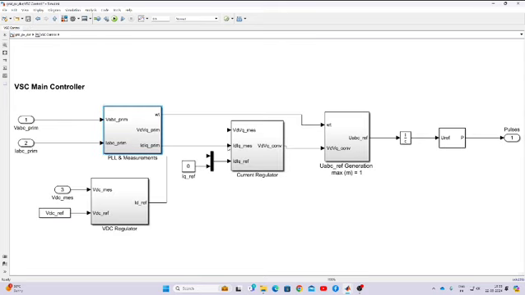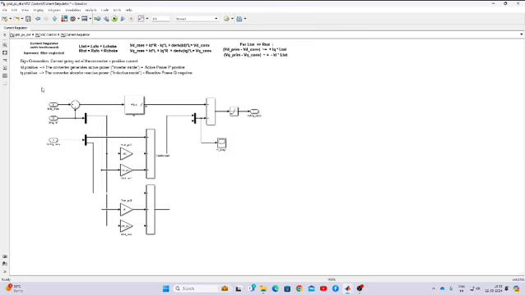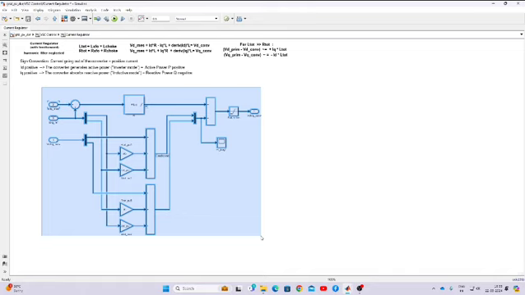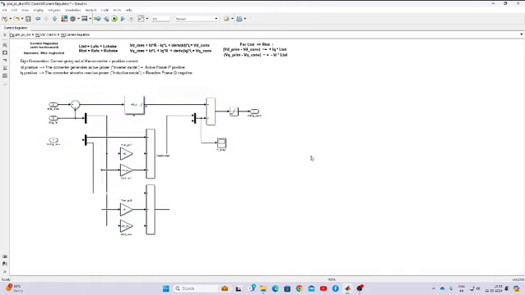After converting VABC and IABC to VDQ and IDQ, based upon this ID reference you have to apply the feed forward control logic. That means you compare ID, IQ with the ID, IQ references, and then process via a PI controller.